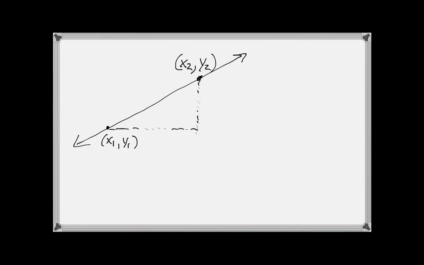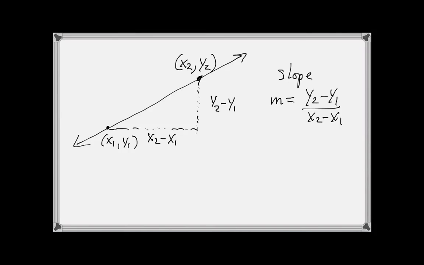The change in y coordinates can be written as y2 minus y1. The change in the x coordinates can be written as x2 minus x1. Therefore, the slope of this line, usually denoted m, equals y2 minus y1 divided by x2 minus x1.